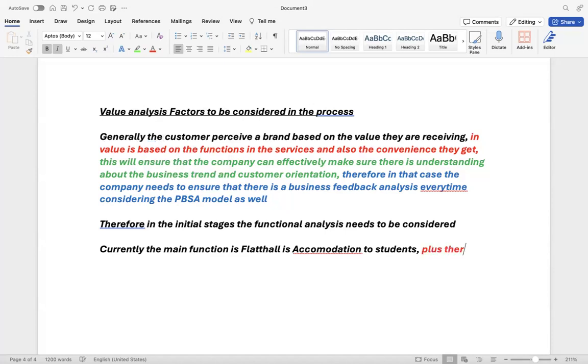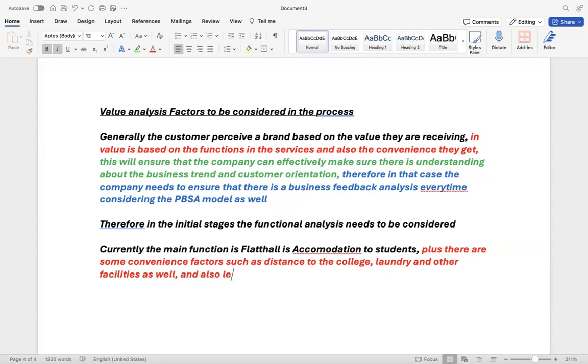Plus, there are some convenience factors such as distance to the college, laundry, and other facilities as well. And also cleanliness, and security.